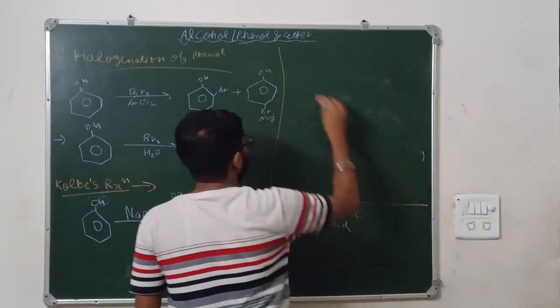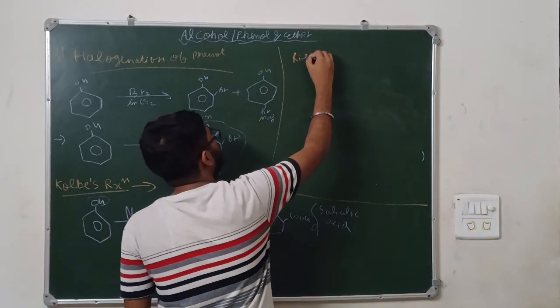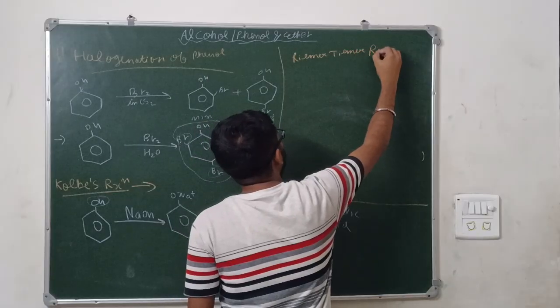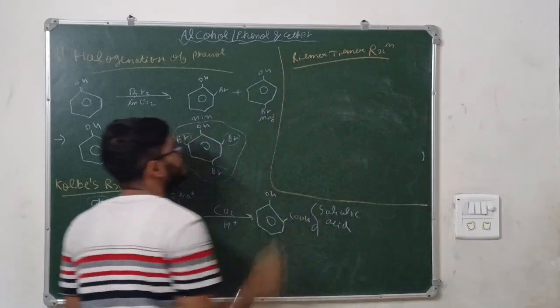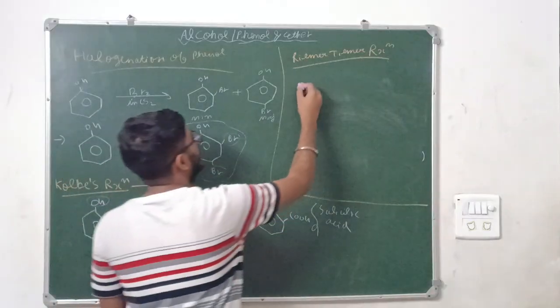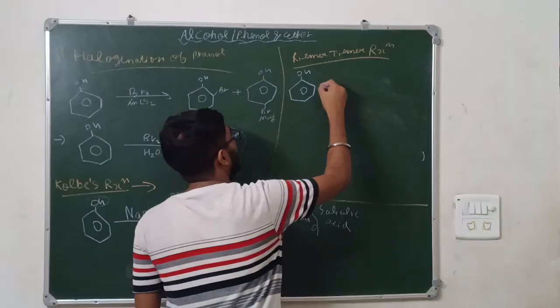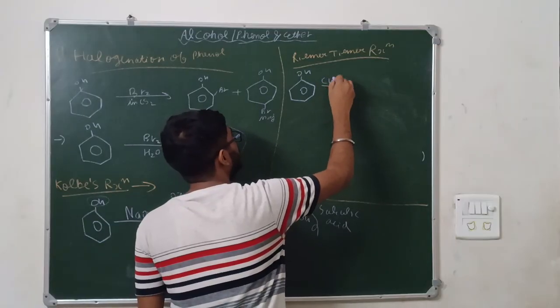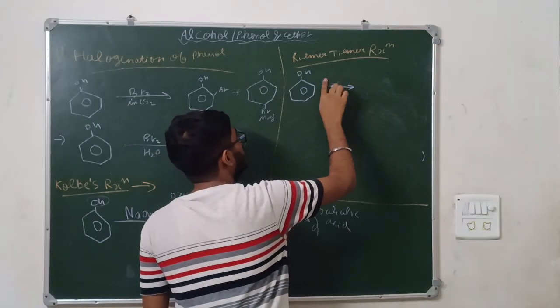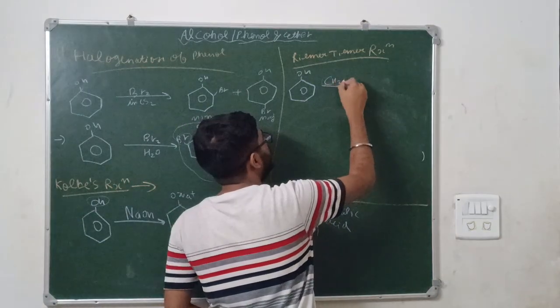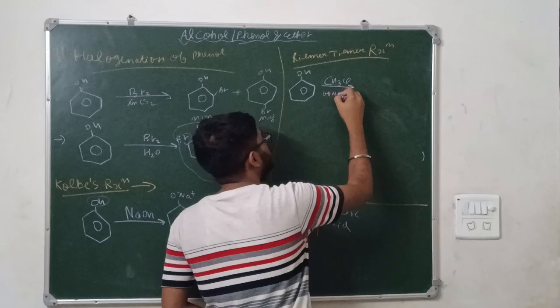Now the next important reaction, the Reimer-Tiemann reaction, which is very important. For this reaction you have to take phenol and add CHCl3 in aqueous NaOH.